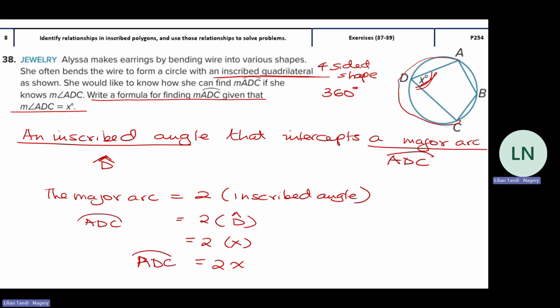Now, to get the major arc, we will need to subtract from 360. Okay, no, this should not be ADC.